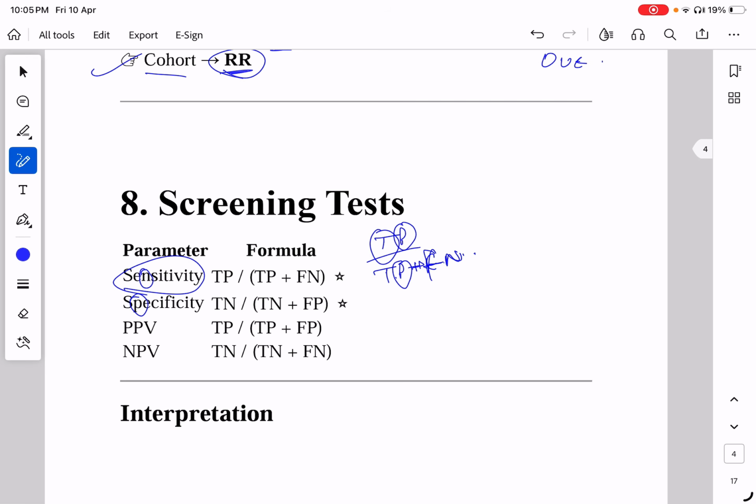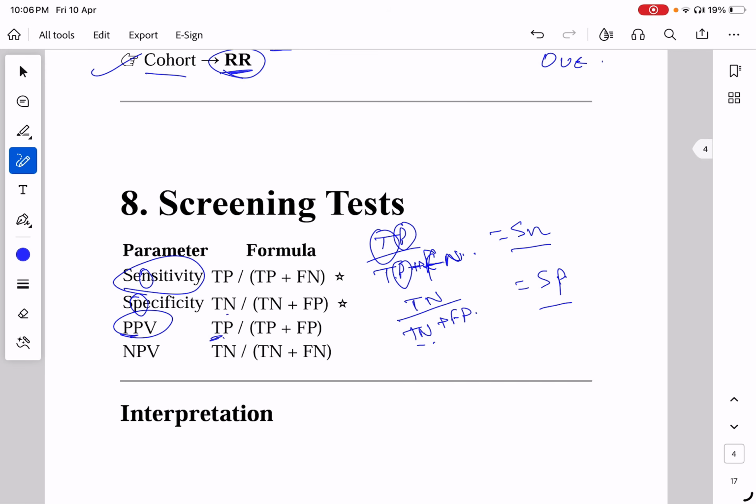Now for specificity, P is coming first, so opposite of P, and truth always comes first, so in the numerator it is true negative, and then the same has to be written in the denominator, and then the opposite of true is false, and the opposite of negative is positive. So these are the formulas which have been asked hundreds of times in exams, sensitivity and specificity. Now come to positive predictive value. Here also truth comes first, and here we are not doing opposite.